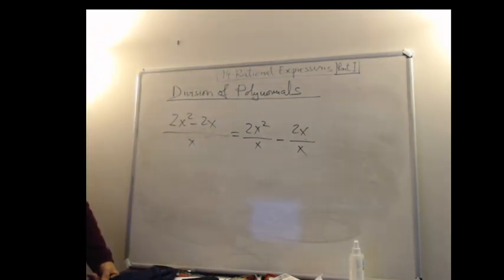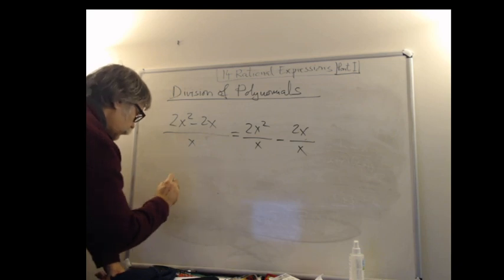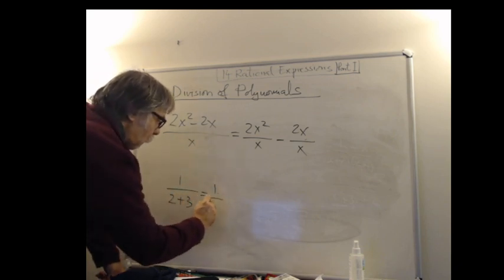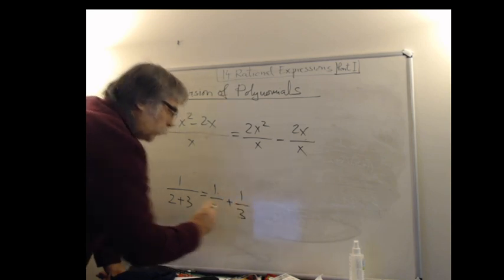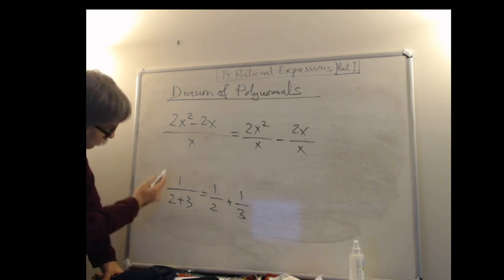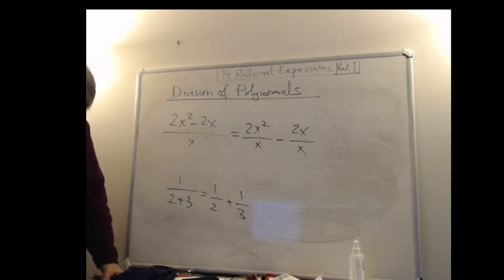By the way, do not ever do this. Naive people will do that. Oh, I split the denominator. No, you cannot do that. Distributivity would not work here. By the way, this is 1/5. 1/5 of a dollar is what, 20 cents?